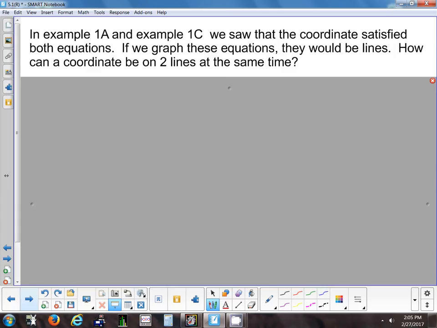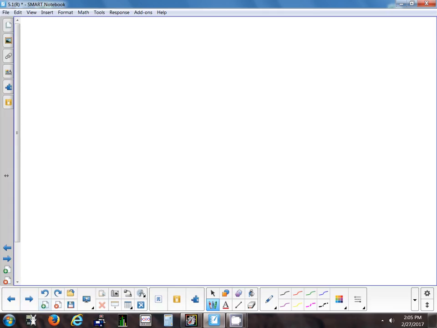My question was going to be, how can you have two different lines like this, and have a coordinate that's on both of them at the same time? Well, let's call that line A, let's call that line B. It would have to be right here. That point that I just drew is on line A and B. And the only way that can happen is if it's where they cross.